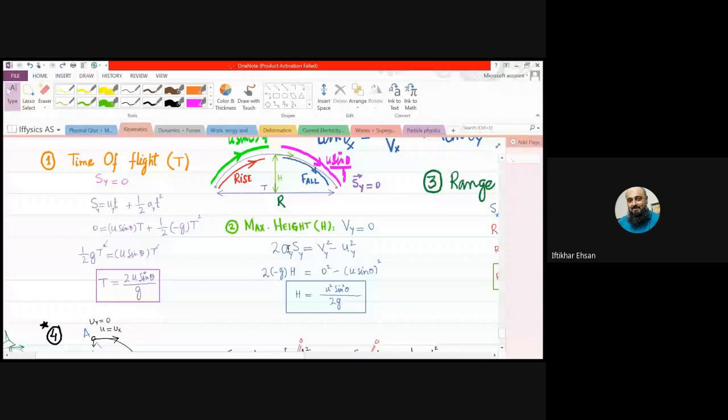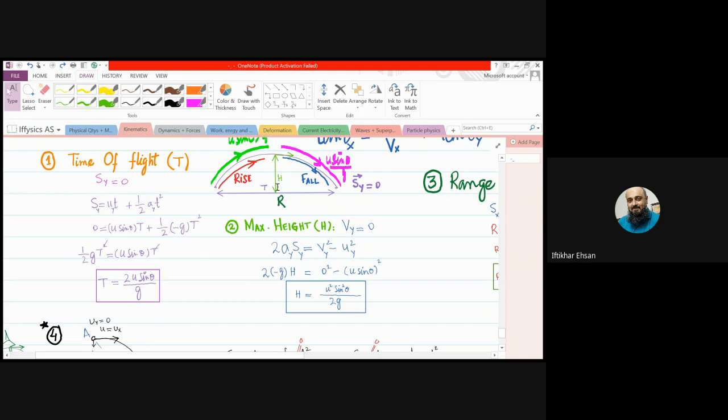Now we use the third equation of motion. And Shamas, I told you in projectile we always take the acceleration to be minus g. The vertical acceleration is always minus g, and the vertical distance or displacement we have to find is h.